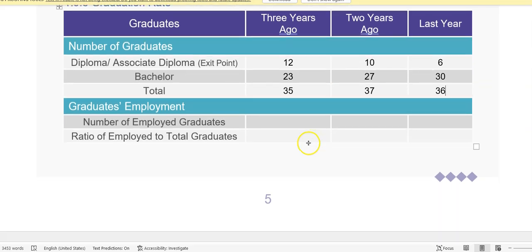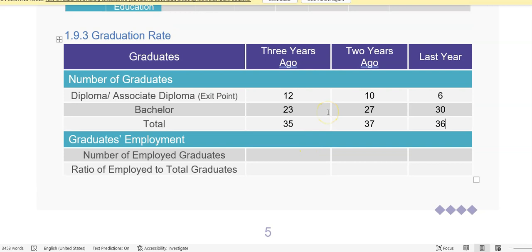The employment, of course, you need to collect information after 6 months of graduation of your students to know whether they are working, employed or not employed. So the number of employed from the 35, for example, 30, here 32, here 27, and you need to write the ratio of employed to the total graduates.